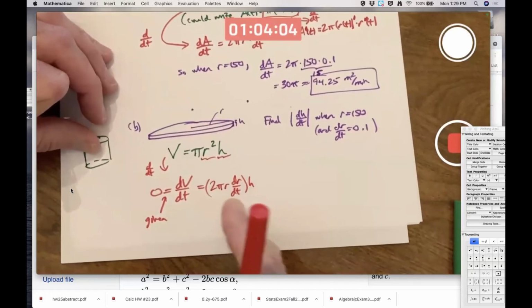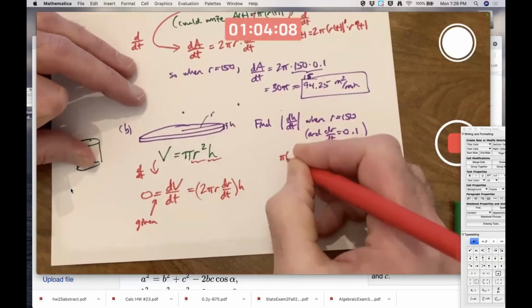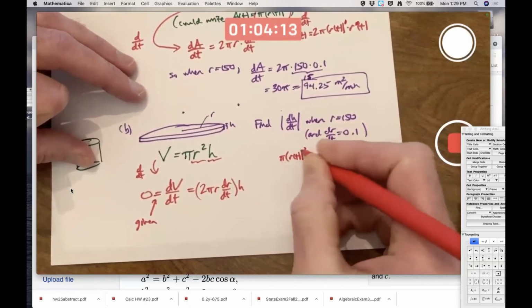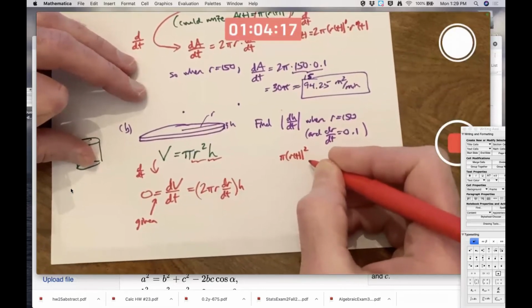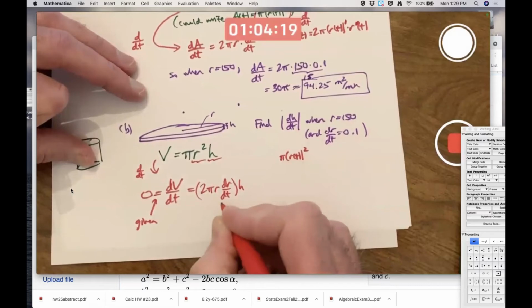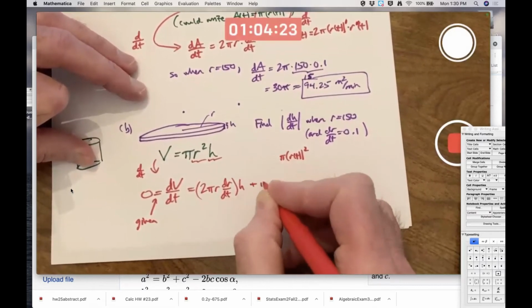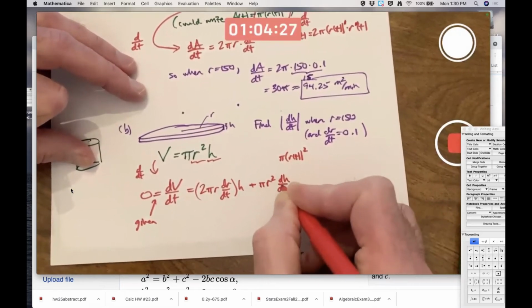If you like, you can pretend it's pi r of t quantity squared, bring down the 2 pi r of t to the first times r prime. That's what I've got there, just with the Leibniz notation. Times the second function plus the first function times the derivative of the second, dh/dt.